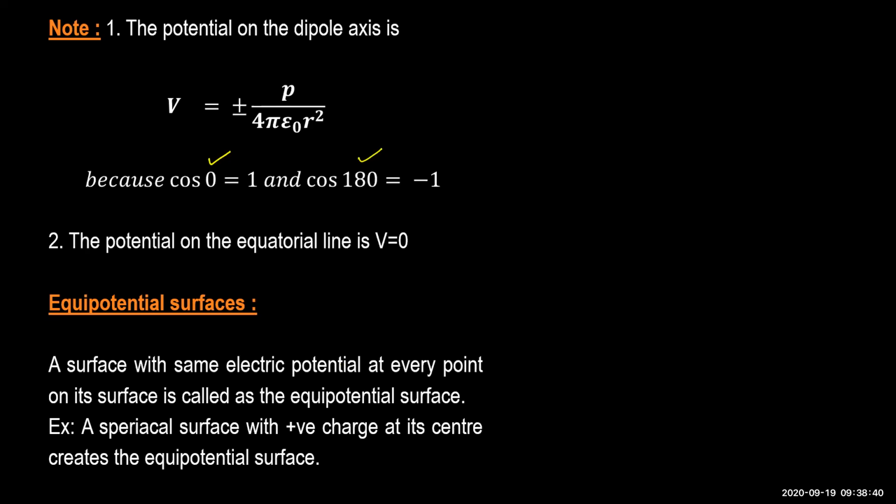Okay. So in both cases, when the angle becomes 0 degree, what is the meaning of this? See, there is one dipole with plus q and minus q charges, right? So the angle is measured between P and this center. Now, if P is shifted just on the axis of the dipole, then what will be the angle?